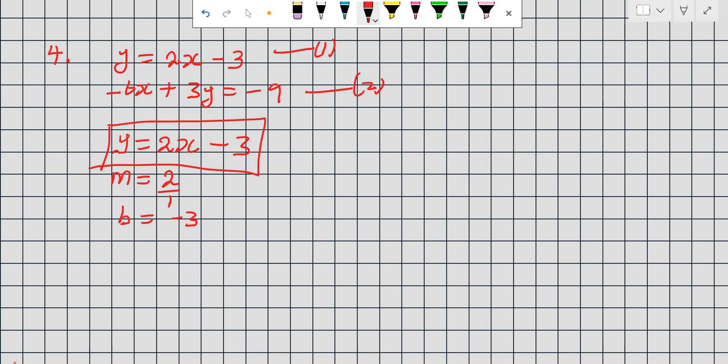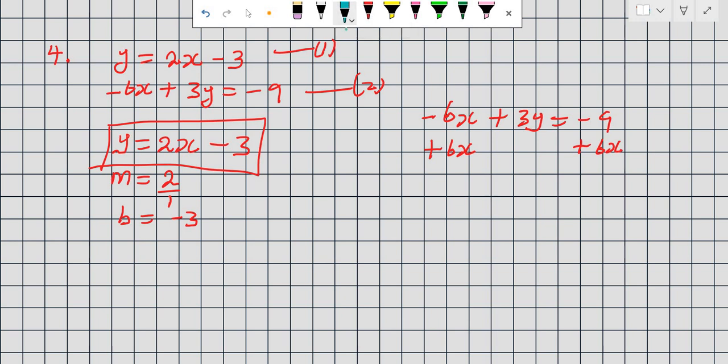Okay, so this is the first equation, equation 1, and equation 2. Equation 1 is already in slope-intercept form, but in equation 2, we have to change it to slope-intercept form. Negative 6x plus 3y is equal to negative 9. Because we have negative 6x, we need to add 6x to both sides.